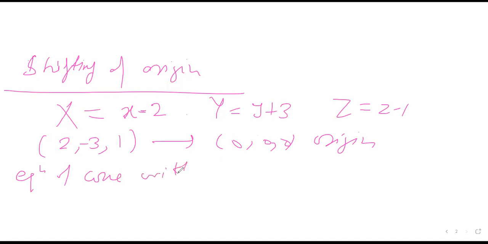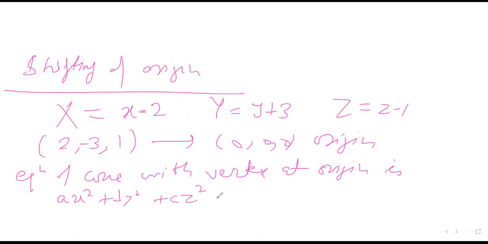Now, the equation of a cone with vertex at origin is ax square plus by square plus cz square plus 2fyz plus 2gxz plus 2hxy equals 0. This is the equation of a cone with vertex at origin.